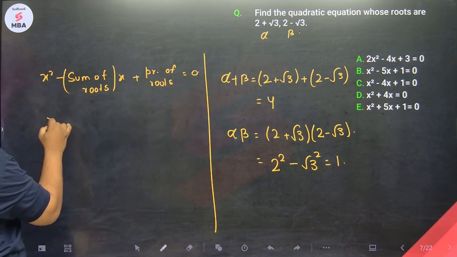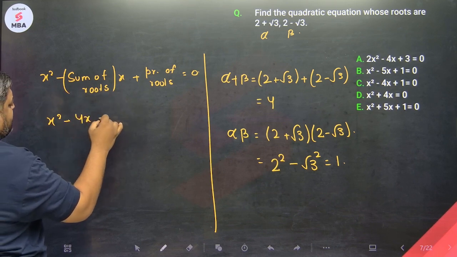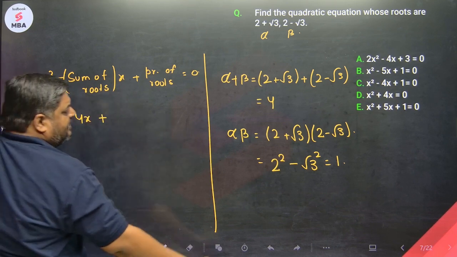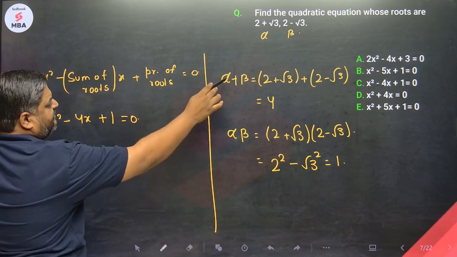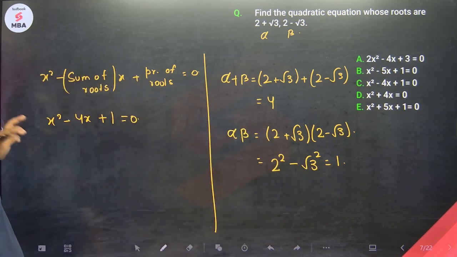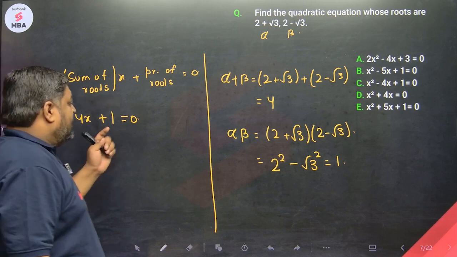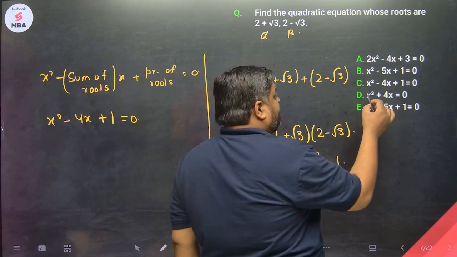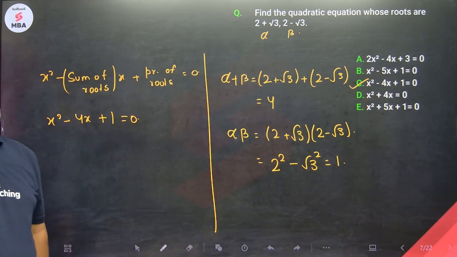So we have x square, sum of roots is 4, so 4x, plus product of roots is 1. We have already found the sum of roots and product of roots. You just need to put it in the equation. So the correct answer is x square minus 4x plus 1, option C.